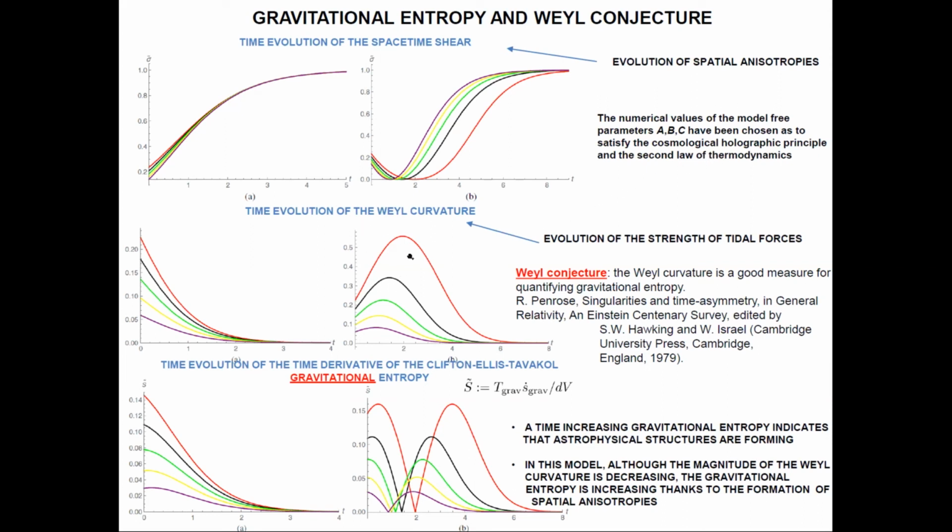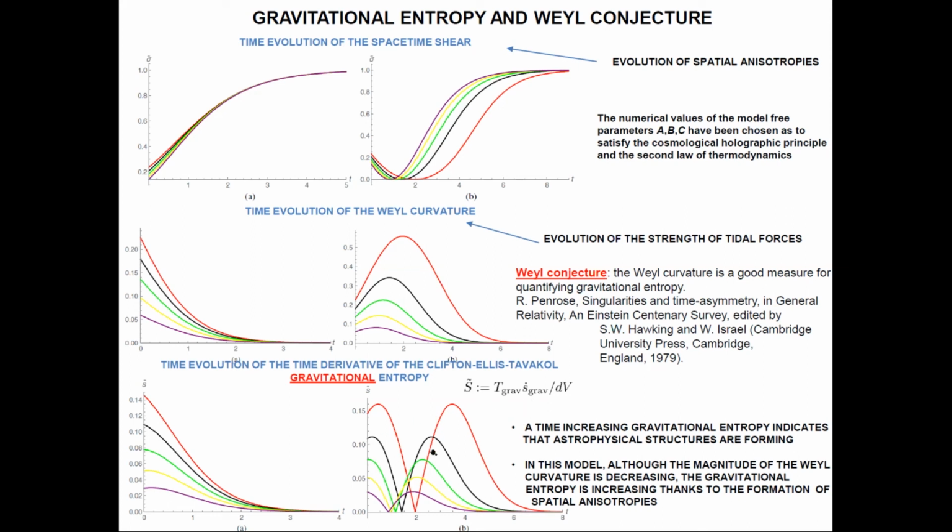Then I am plotting the time evolution of the Weyl curvature, which physically essentially means the evolution of the strength of tidal forces. Finally, I am plotting the time evolution of the time derivative of the density of gravitational entropy.